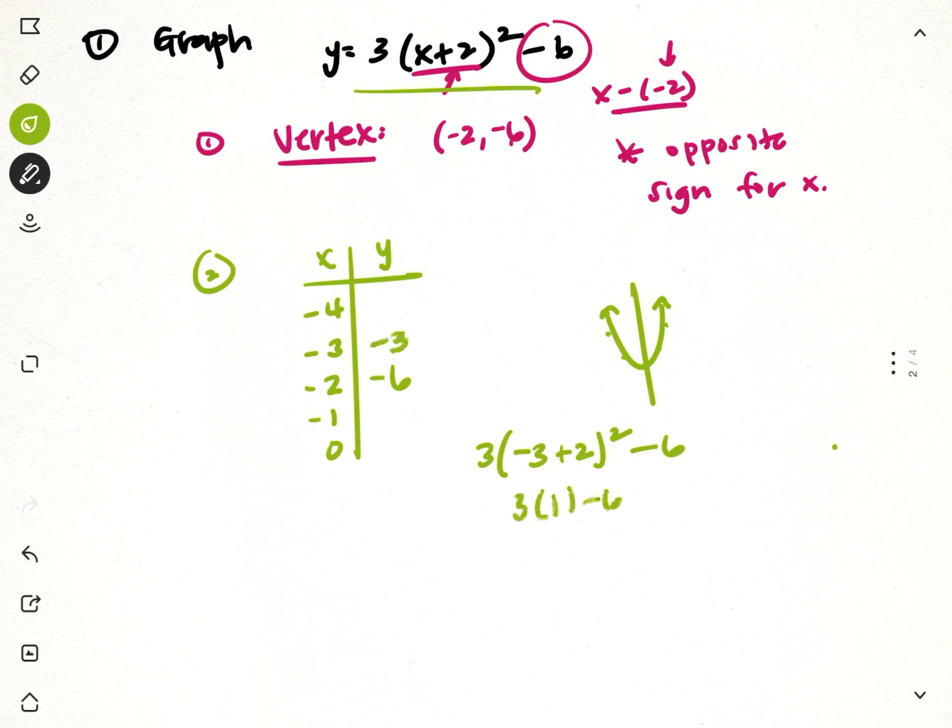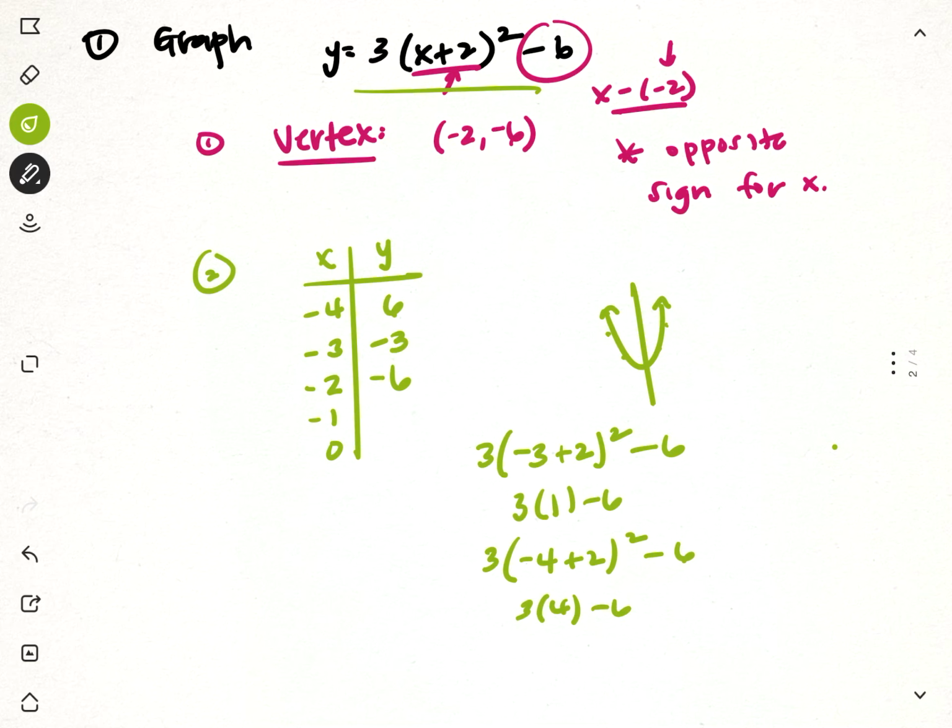Let's do the same thing for -4. We get -4 plus 2 is -2, squared, which is 4. 3 times 4 is 12. Minus 6 is 6. If you're confident doing it right, you don't really have to do the rest of them, because these numbers are going to come out the same on the other side. But let's just check.